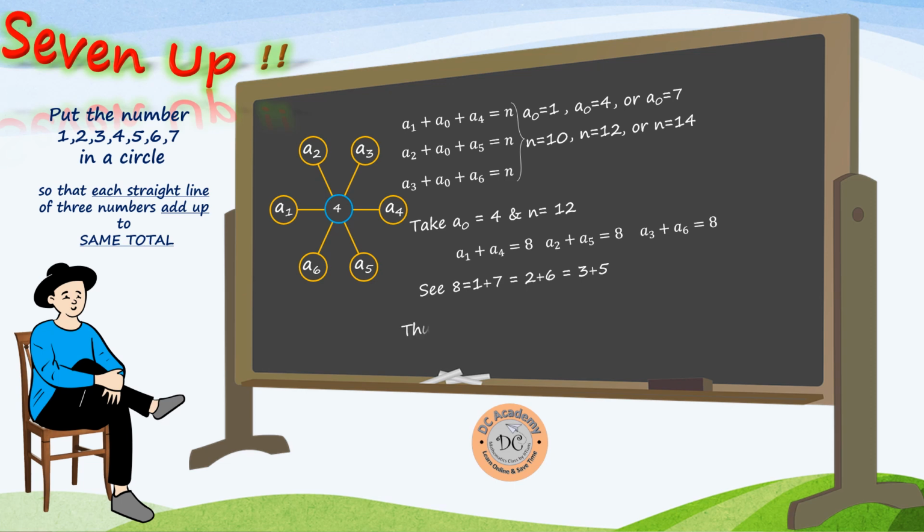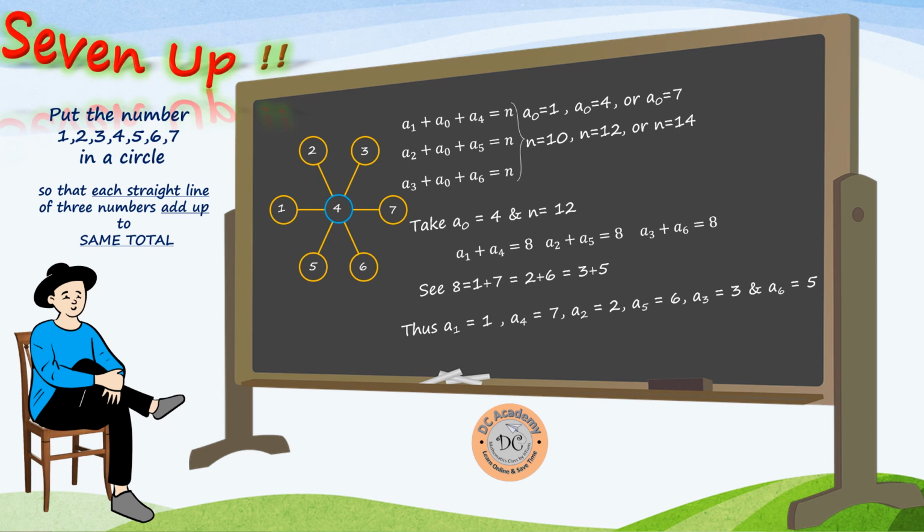Maintaining this order, we can say that a1 is 1, a4 is 7, a2 is 2, a5 is 6, a3 is 3, and a6 is 5. Again, we can replace all that in the appropriate placeholders and get the second set of answers.